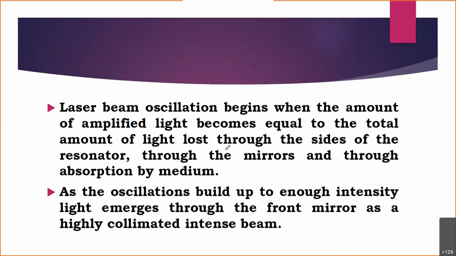First, the sides of the resonator, because whatever photons are not coming out parallel to the optical axis of the active medium will be discarded through the sides of the resonator. So the resonator discards them from the side because they are not going parallel to the optical axis. Here also we get energy loss, because we are discarding those photons. Second is through the mirrors.